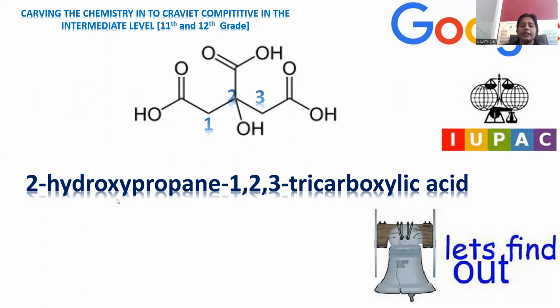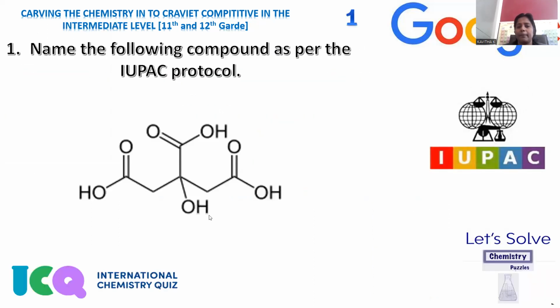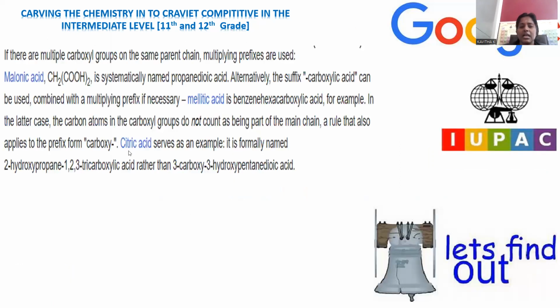Hence, the entire name will become 2-hydroxy propane 1, 2, 3 tricarboxylic acid. This is the way you can assign the name for the given organic compound, and simply we can say citric acid. The common name is taken as citric acid.